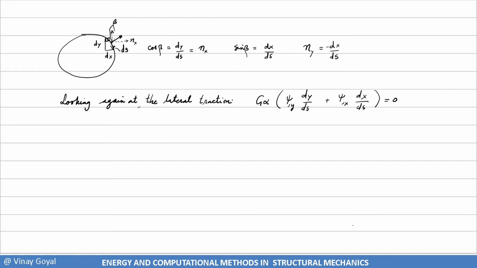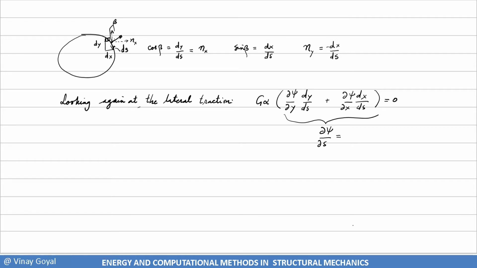Let me write it differently so you can see it better. If I look at this carefully, this is really the partial of C with respect to s, because that's really the chain rule.